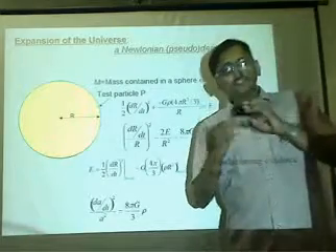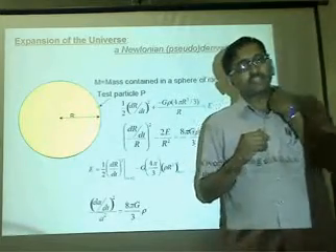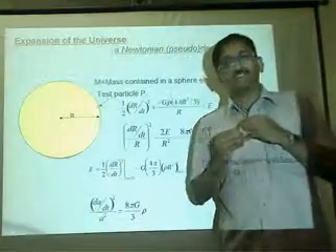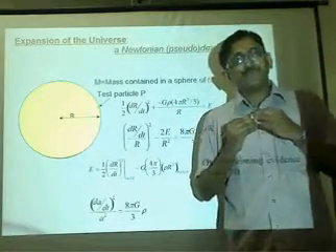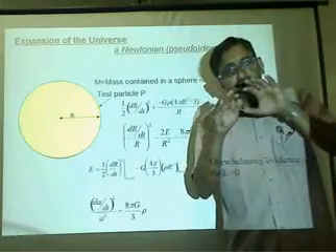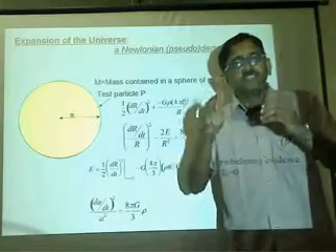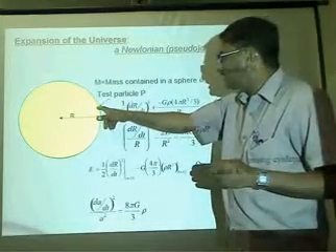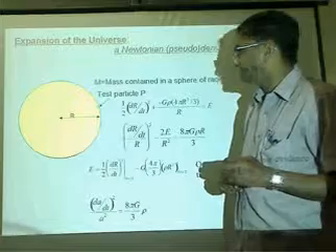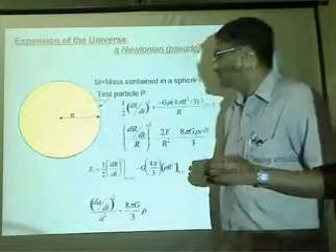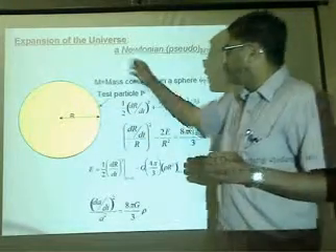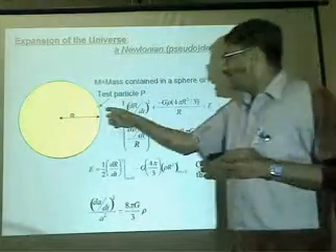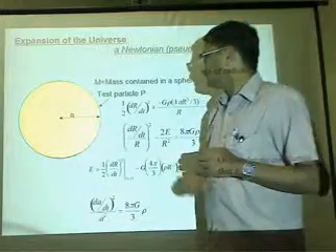Then the portion of the distribution which will contribute will be that part of the sphere which is interior to this point. In other words, the portion which is outside will be irrelevant and the entire contribution will come from here.